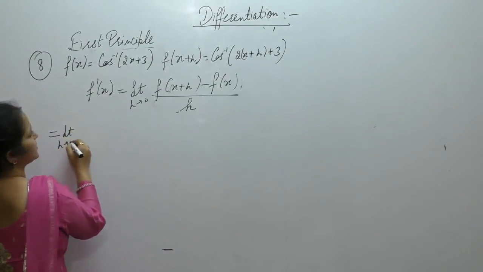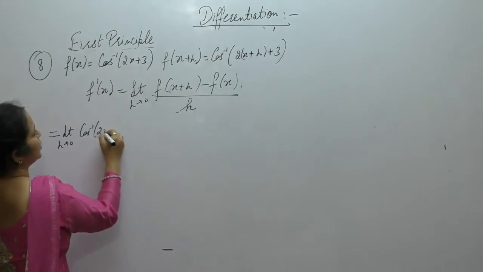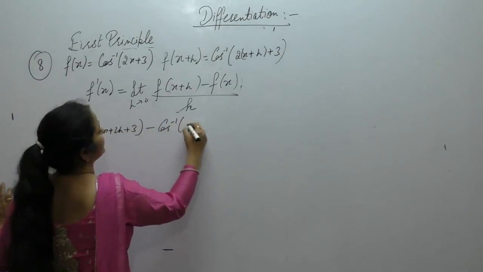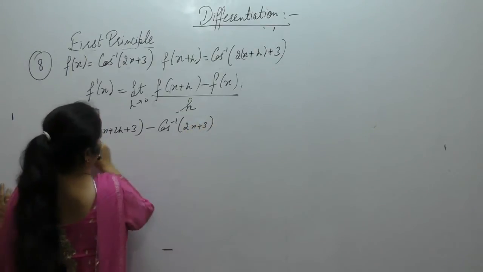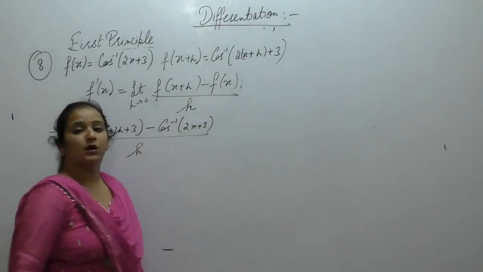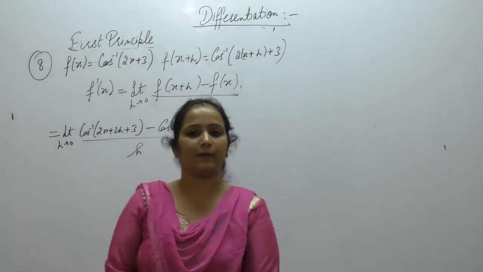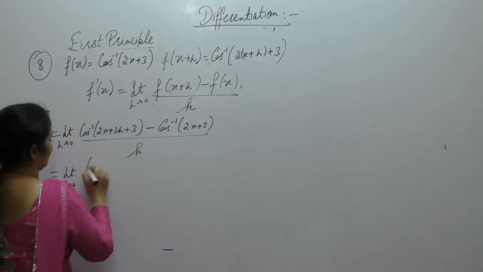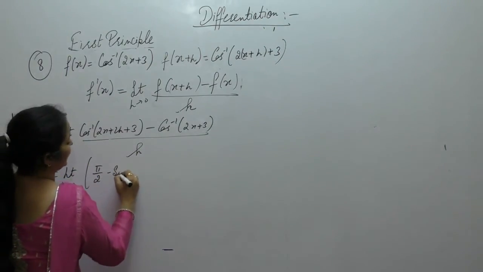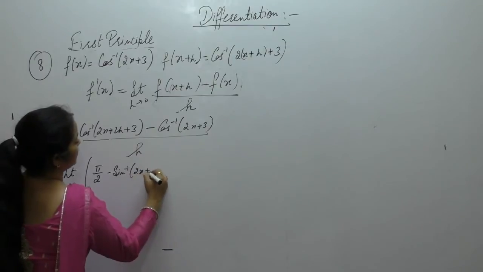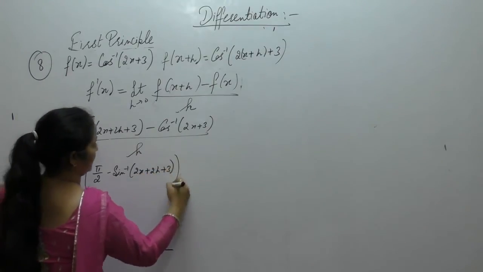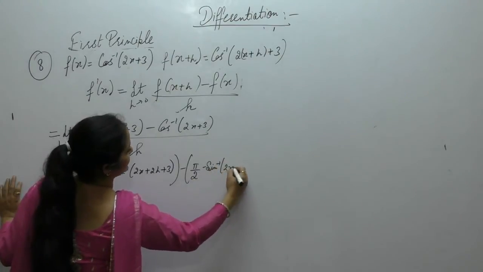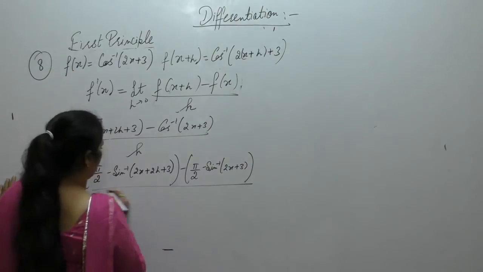Limit h tends to 0, cos inverse (2x plus 2h plus 3) minus cos inverse (2x plus 3) upon h. Cos inverse is equals to pi by 2 minus sin inverse. So put here the value. Cos inverse as pi by 2 minus sin inverse (2x plus 2h plus 3) minus pi by 2 minus sin inverse (2x plus 3) upon h.